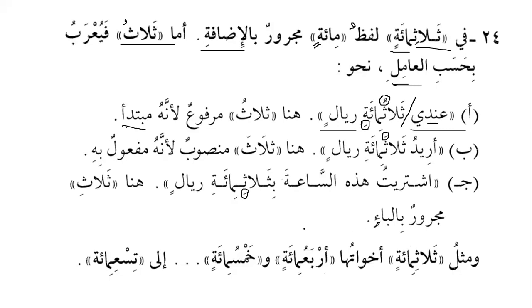So mudaf, this is a common rule of thumb: mudaf always changes according to the amil, but mudaf ilayh is always majroor. So if you remember that rule, then inshallah everything will be easier for you. Mudaf will change, but mudaf ilayh will never change.